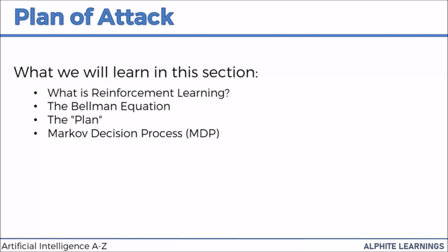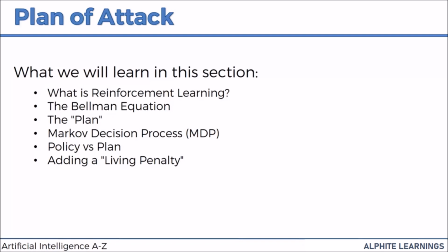Next we'll study policy versus plan: what is meant by a policy, what is meant by a plan, and what is the difference between them. Then we'll see adding a living penalty. Depending upon the environment, we add a different technique.